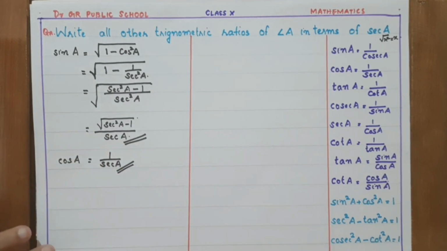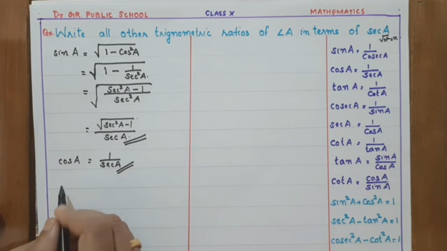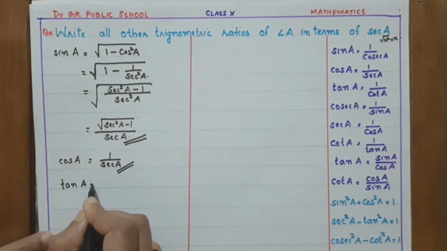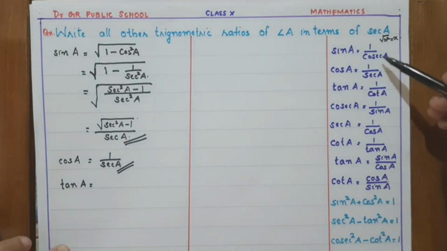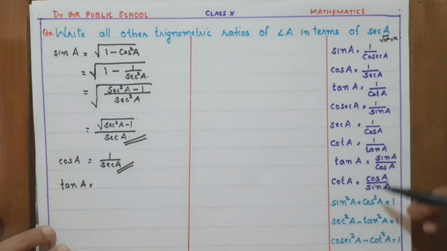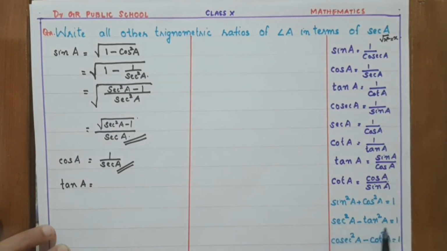Now what is the next trigonometric ratio? Tan ratio. So let us see. Tan A is equal to, see, can we relate tan and sec directly? Just go through this. When you check the identities, tan and sec are related, isn't it? Sec square A minus tan square A is equal to 1.